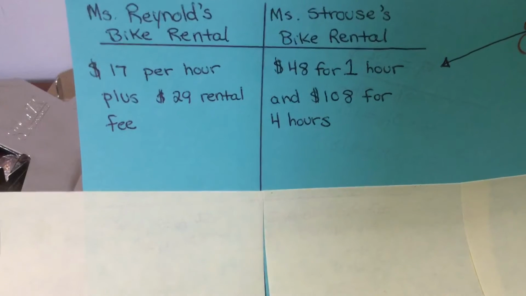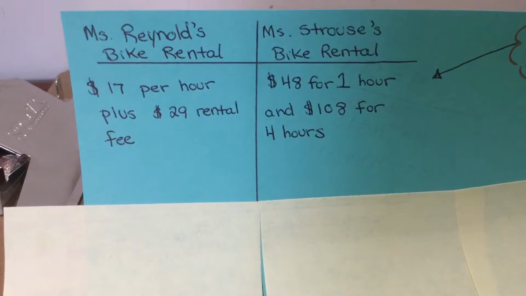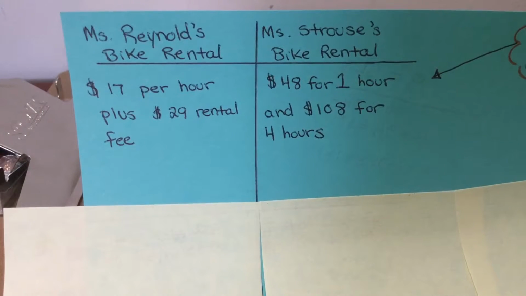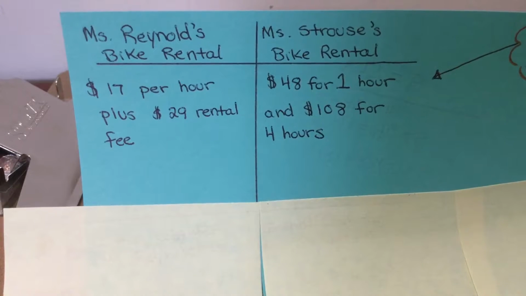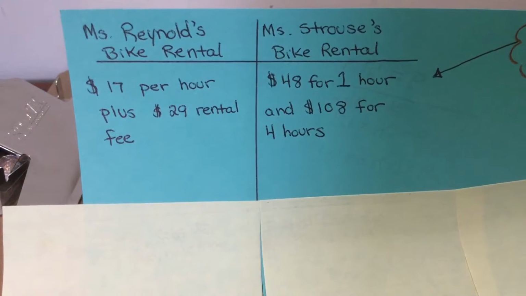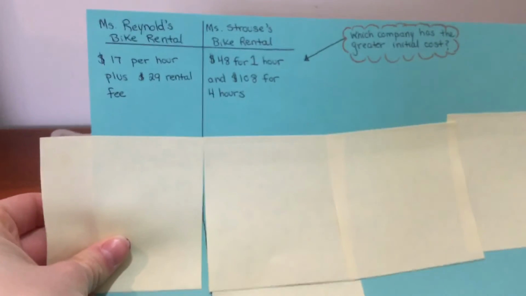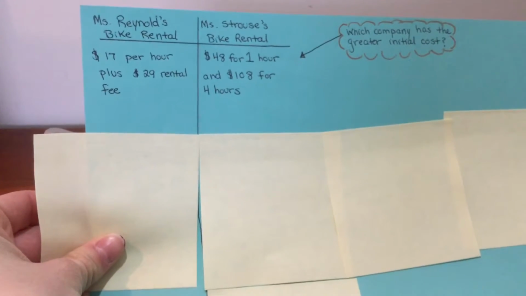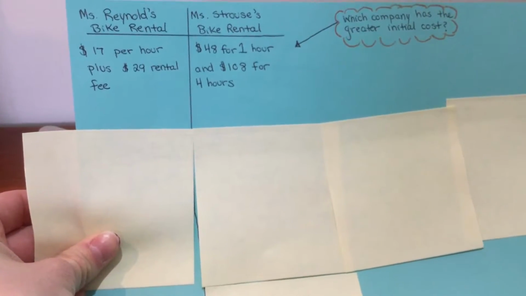Now, Mrs. Strauss, on the other hand, does not have the information relayed the same way as Miss Reynolds. She says simply it's $48 per 1 hour, and it's $108 for 4 hours. So, let's take a look at my question I wrote to you. My question was, which company, Miss Strauss or Miss Reynolds, has the greater initial cost?